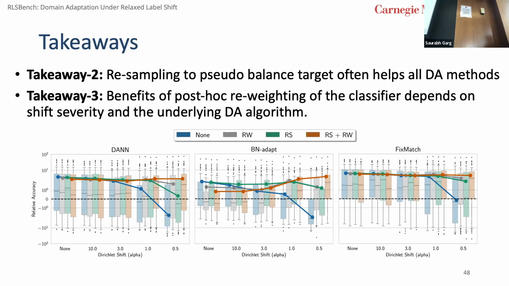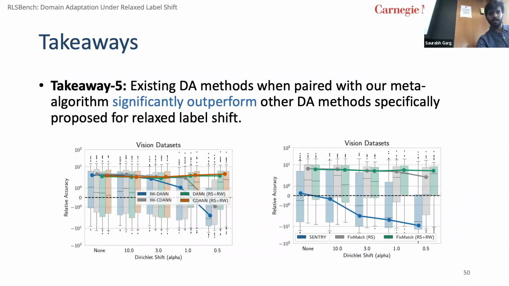But this is exactly the thing that we're trying to highlight. In this slide, we show that the methods that were specifically proposed to handle these relaxed label shift problems don't actually end up handling them, but instead these simple corrections, reweighting and resampling, do the job much better for us.